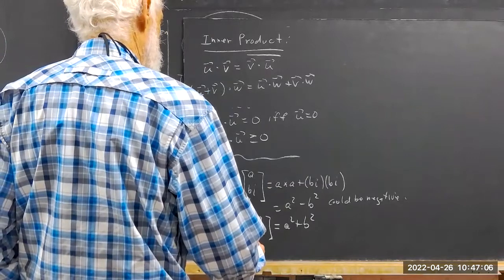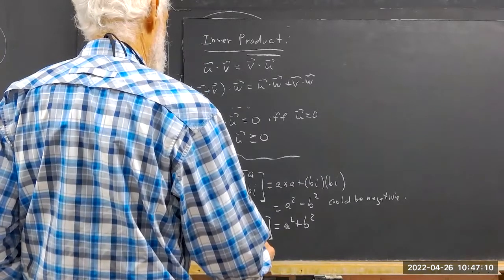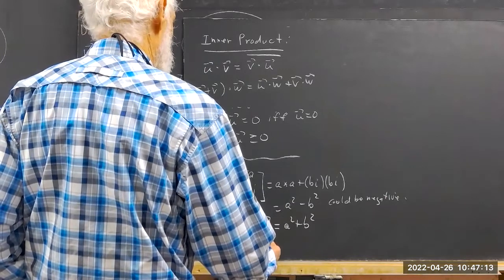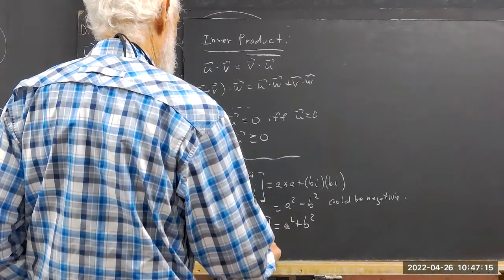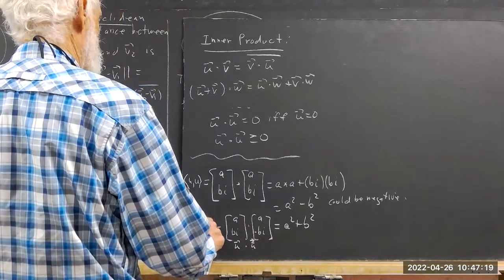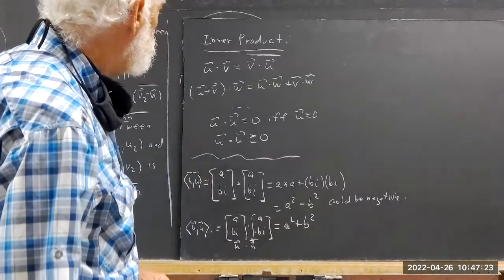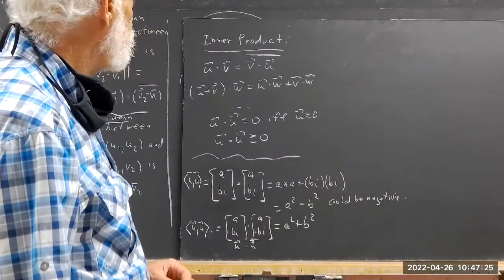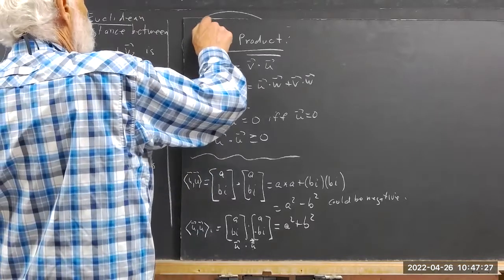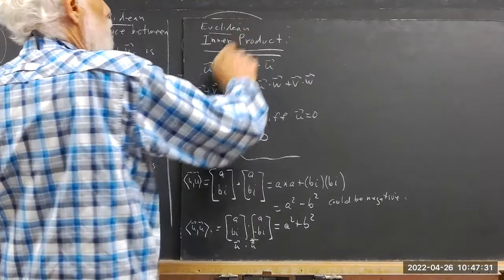And this is like U dotted with U bar, the complex conjugate. So this would be your Euclidean inner product.